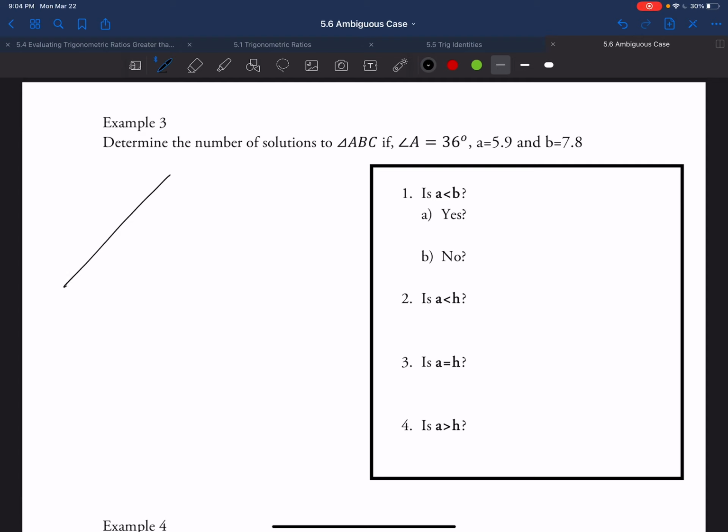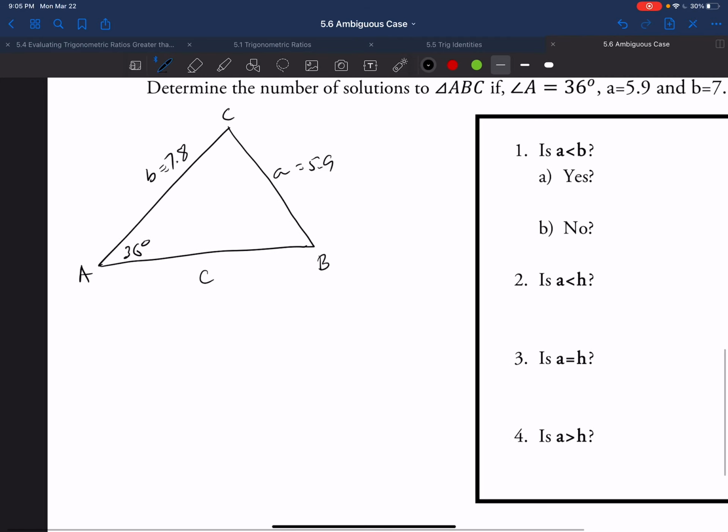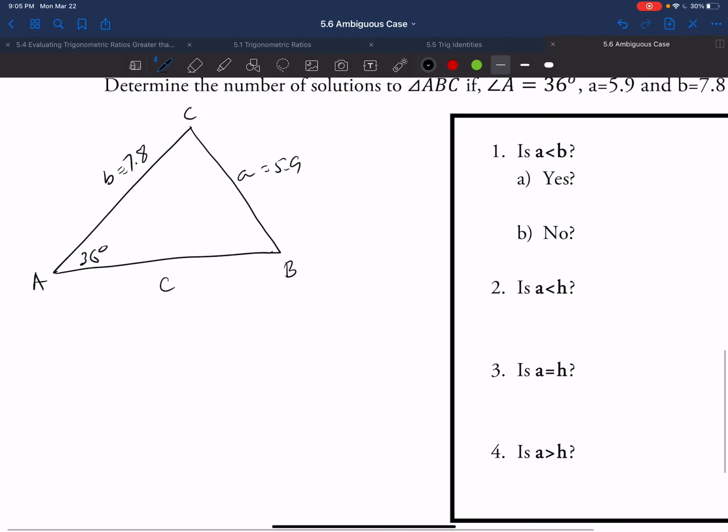So let's see if this works. This is 36, 5.9, 7.8. Okay, so forget that box over there. Let's just look at this. This is the information I have.